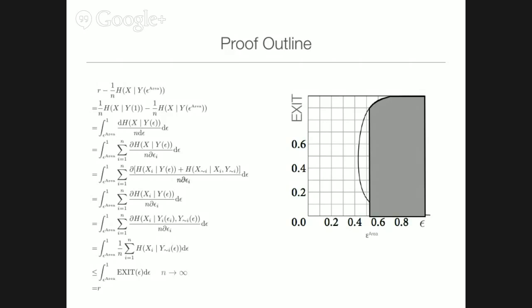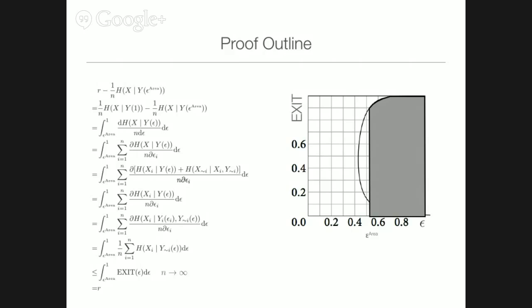And now for the erasure channel, you simply use the chain rule here. You have h of x given y, you write it as h of xi given y minus h of the rest given this. Now you realize that this part here doesn't actually depend on the ith channel parameter anymore, so you can drop that. So you have only this left.